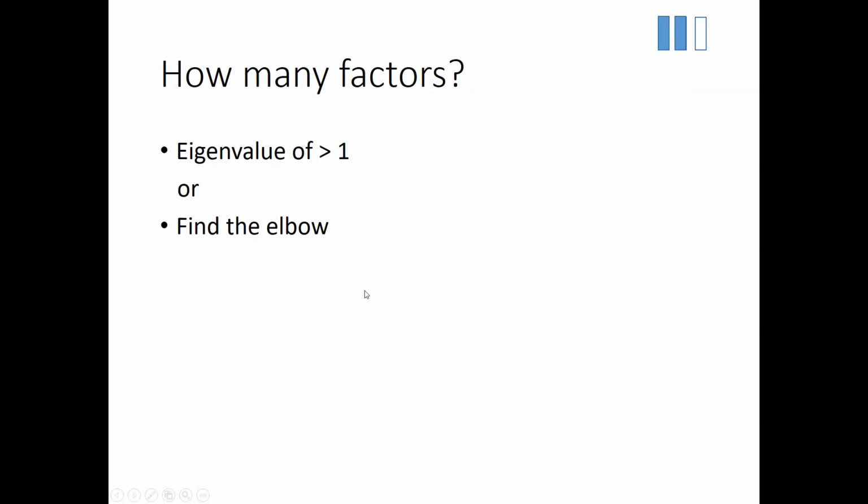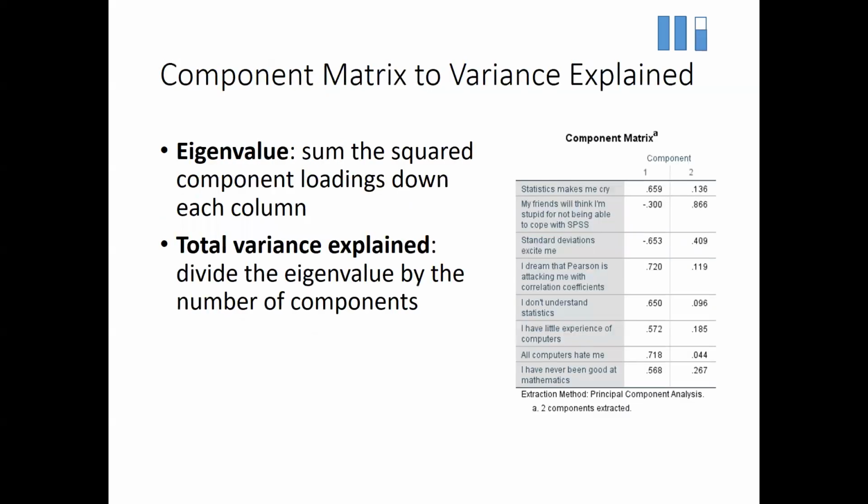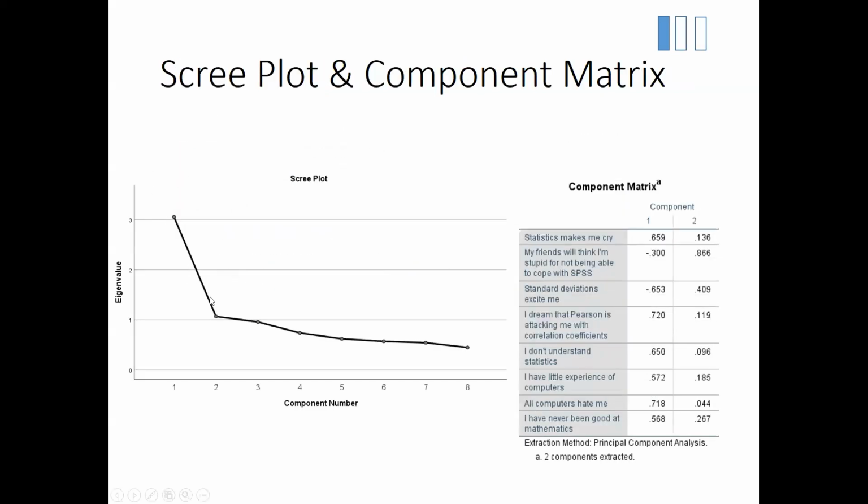So I want to go back to this eigenvalue of greater than 1, right? Remember I told you that was what a former professor of mine said. The other way of thinking about it is the elbow. Everybody know where your elbow is? Find your elbow.